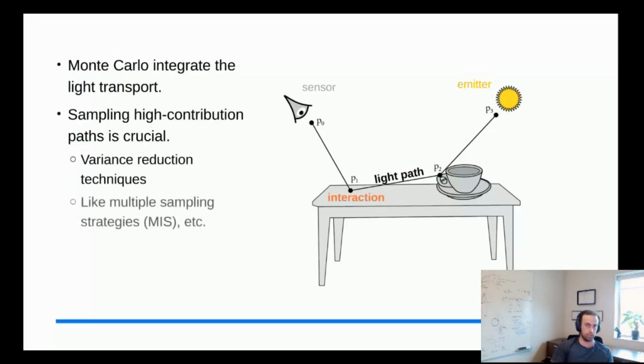As with any Monte Carlo integration scheme, convergence is usually rather poor, and variance reduction techniques like properly combining multiple importance sampling strategies are crucial for actual practical convergence.